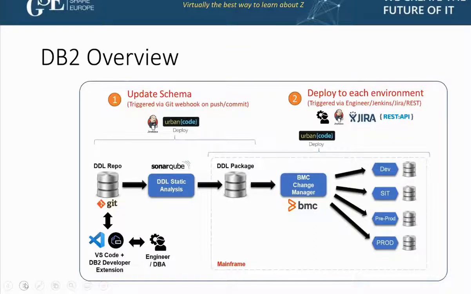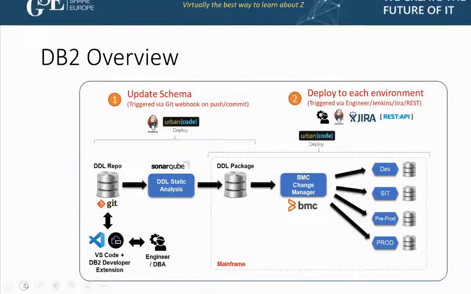They then use Git flow to develop their DDL. Now, we don't get prescriptive on the tooling, so VS Code, IBM Data Studio, any Git-aware IDE that can be used to manipulate DB2 is available to the developers. It's horses for courses.